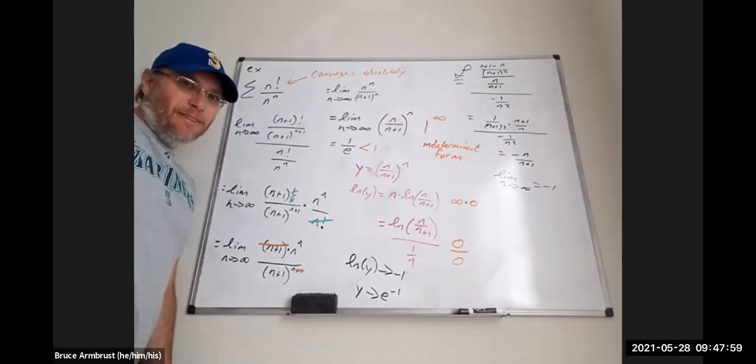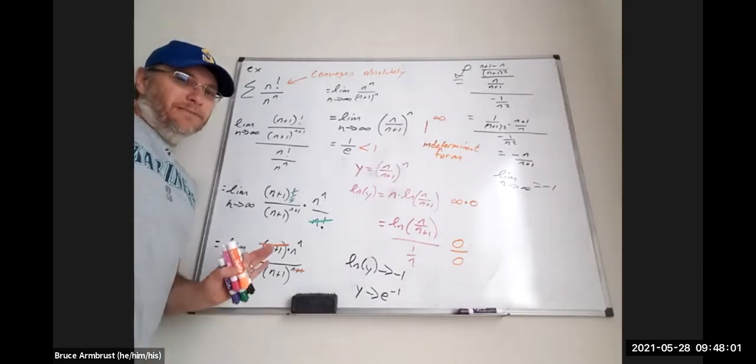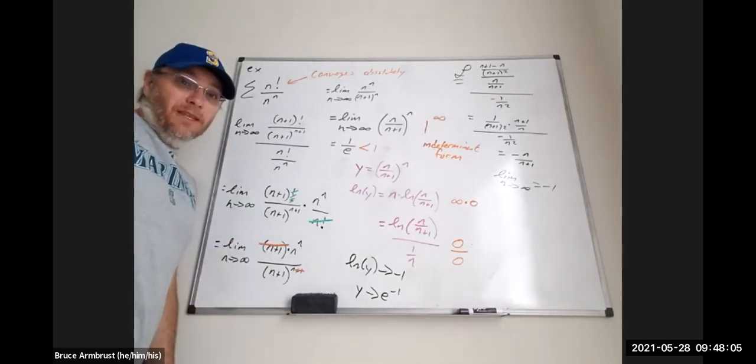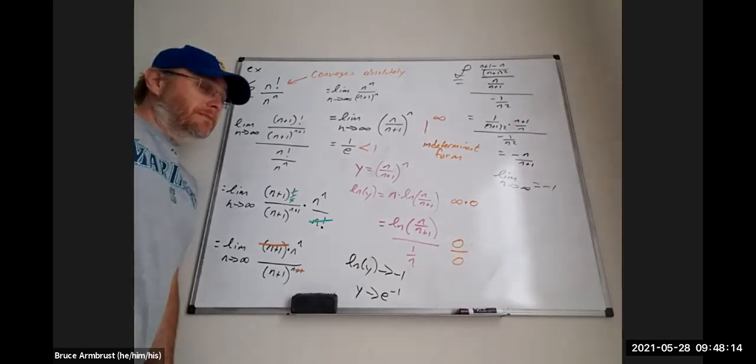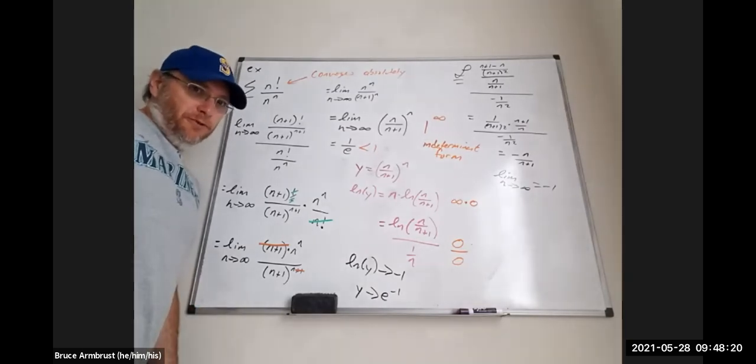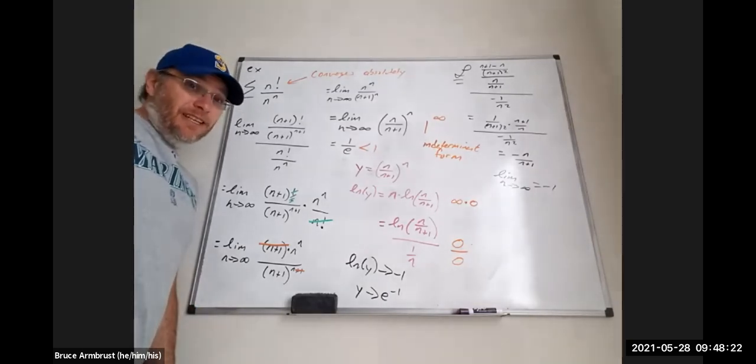All right, so some takeaways from this one. First of all, this is about as rough as they're going to get when you use the ratio test. There are some forms that are even worse, but then you usually use another test. So this is about as bad as they get. Review L'Hopital's rule. I can't stress that enough.